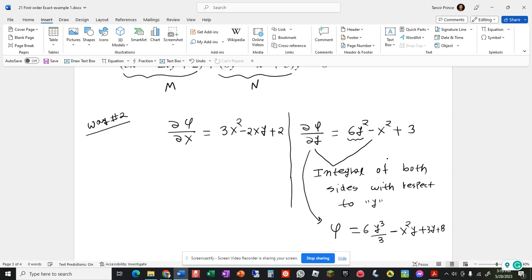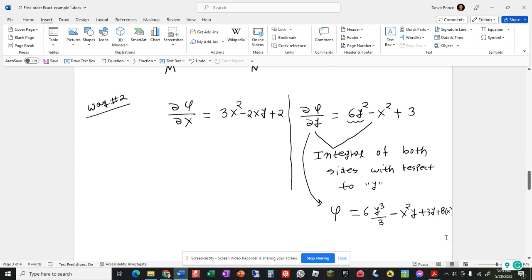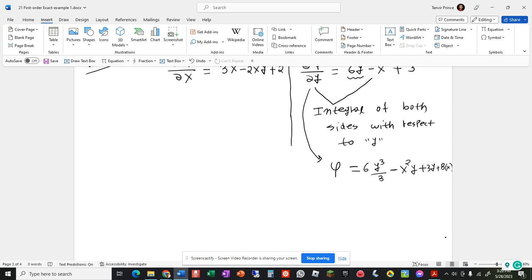Let's call it b of x, because here x is a constant, so I can add any function of x as a constant. Let me simplify: this is just 2y cubed minus x squared y plus 3y plus b of x.